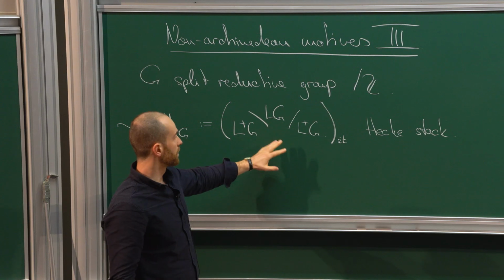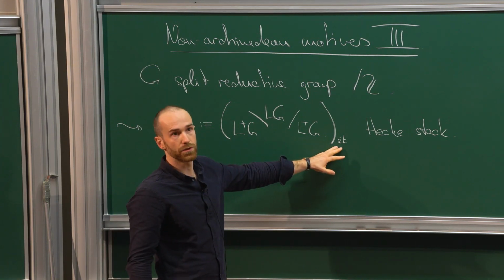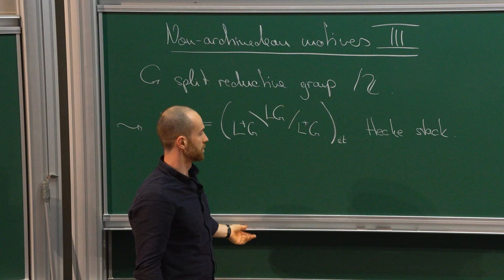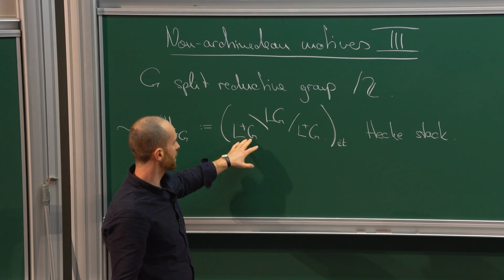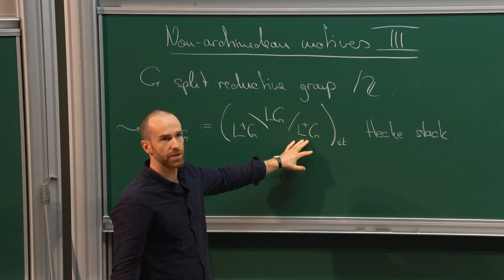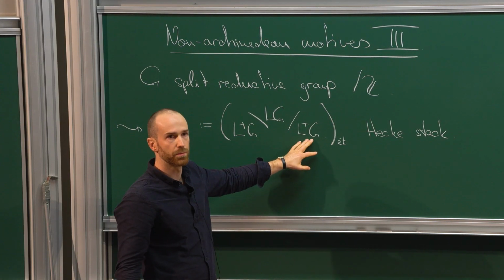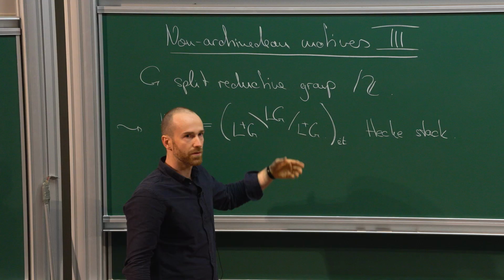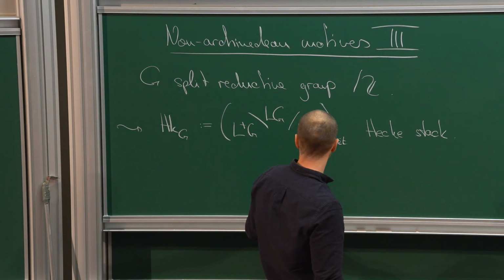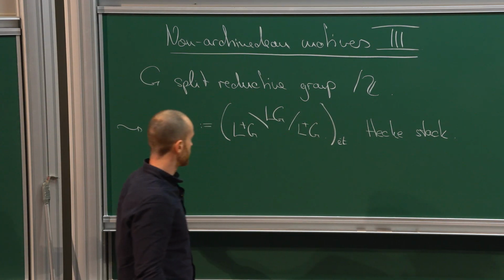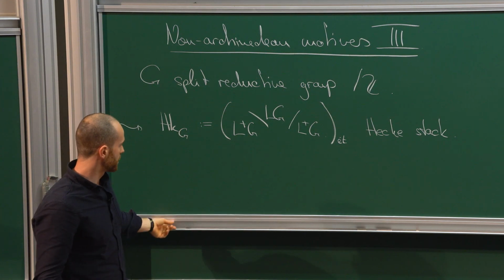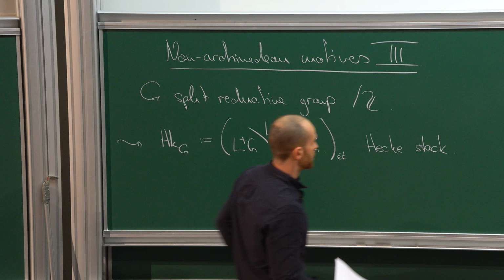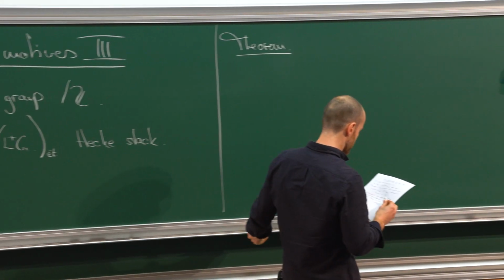And the topology here is the étale topology. A priori you would think that maybe you should take a bigger topology because this positive loop group is not an étale group scheme, but that will suffice for our purposes. In fact, you can show that this is already an fpqc sheaf. So the étale sheafification.